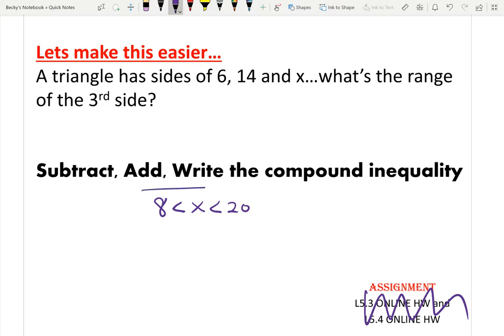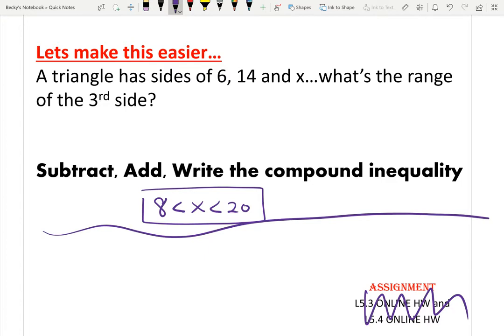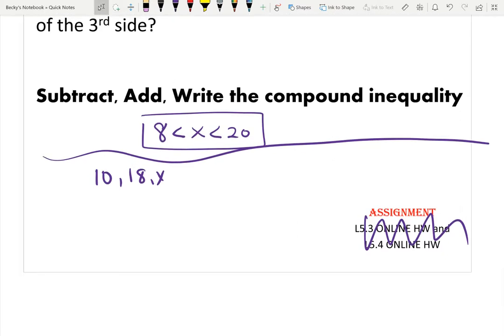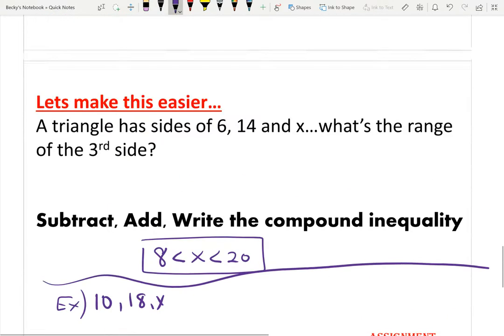Pretty easy, right? You don't have to show all that work. So, one more time. 10, 18, and x. Write that as a compound inequality for the value of x. So subtract, less than x is less than, add them together, 28. Not bad, right?